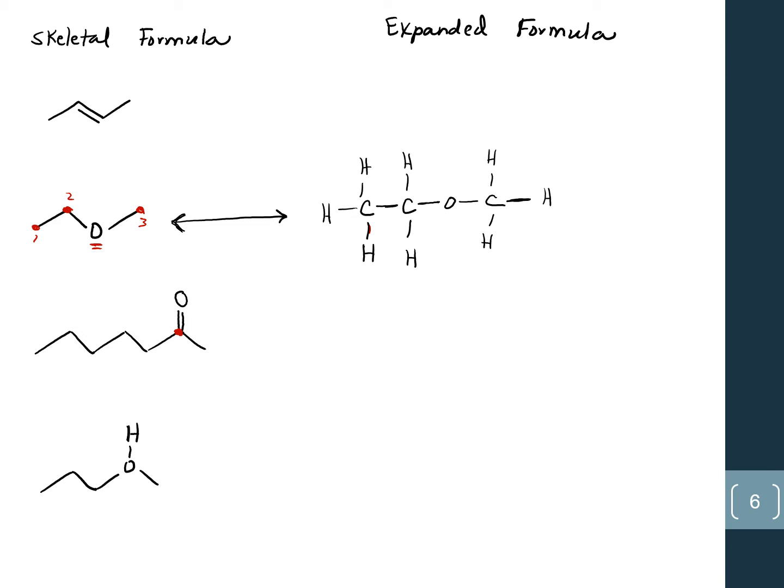So you can look at how many bonds you have for each carbon, and you can just complete how many hydrogens you're missing to complete the 4 bonds for each carbon. When you have elements different from carbon, then your hydrogens, if you have them, will be showing up.